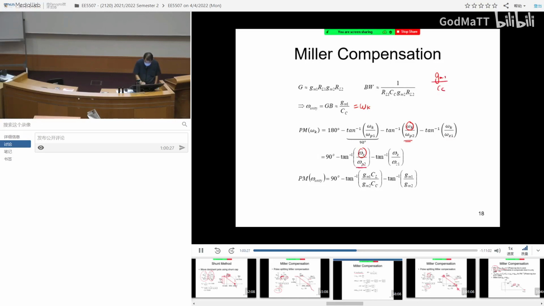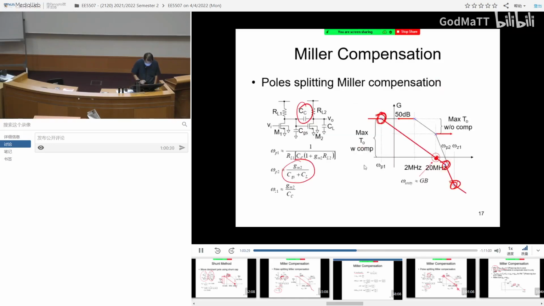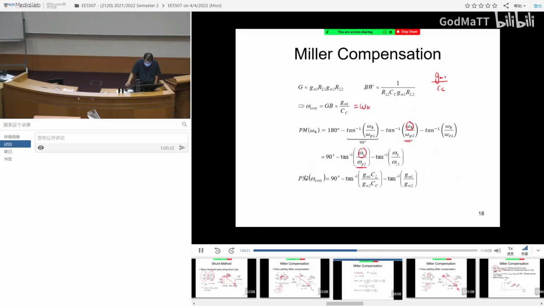Omega p2 is given by this guy, so gm2 over Cgs plus CL. Now Cgs is parasitic, CL is the load capacitance, so we can ignore the Cgs. So gm1 gm2 ratio, and then CL over Cc ratio. That is how I end up having this term over here.